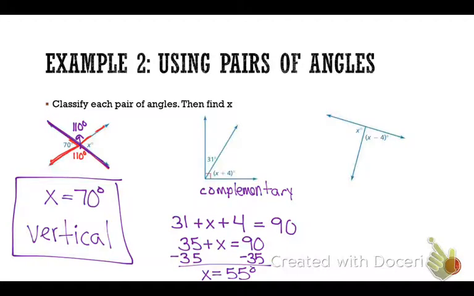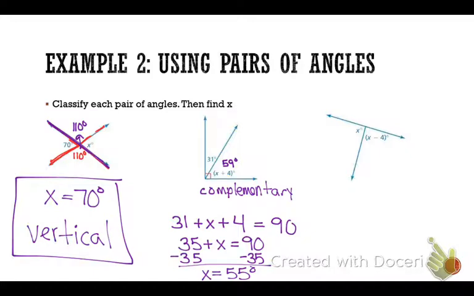So if this one's 31, what happens when I do 55 plus 4? 59. So what we're saying is 31 plus 59 gives me the 90. So two angles together that add up to 90 degrees. Complementary.